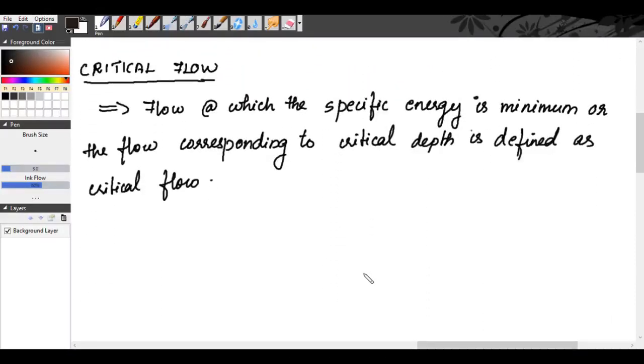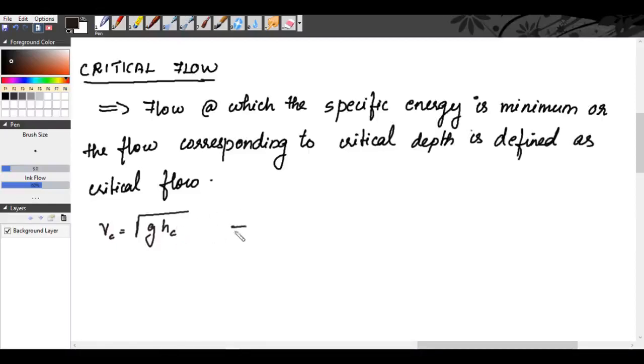Next, what is critical flow? So critical flow is the flow at which the specific energy is minimum or the flow corresponding to critical depth. So we know the critical velocity Vc will be equal to square root of g into Hc, that is critical depth.